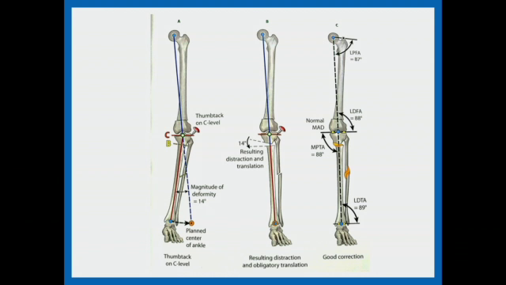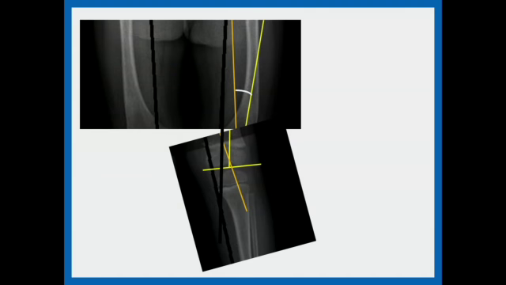You place a thumbtack on the convex side at the C level, and then you correct and you create an open wedge osteotomy with some amount of distraction and translation. And this is how it will look at the end with your mechanical axis line going through the center of the knee joint. And this is how it would look on our example if you do an osteotomy. Although this is just an example, I'm not saying that we should do an osteotomy in this particular case.